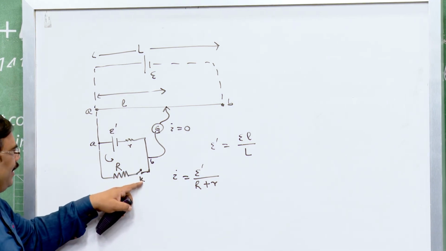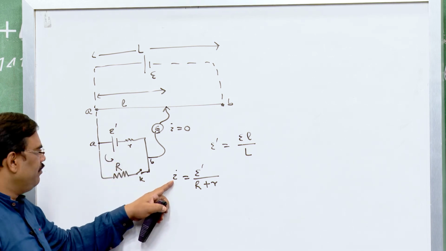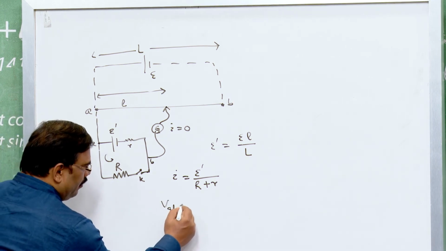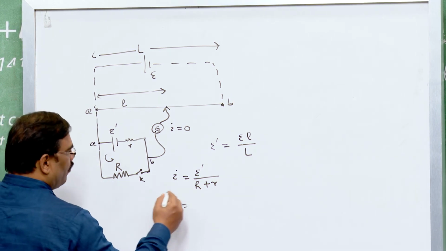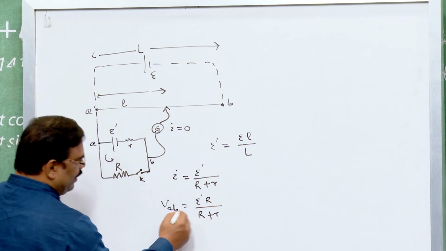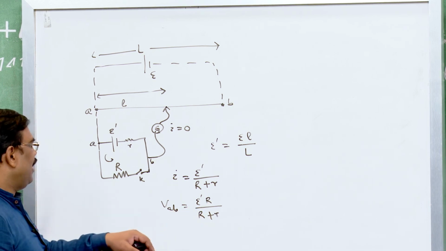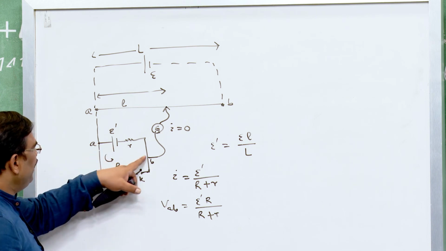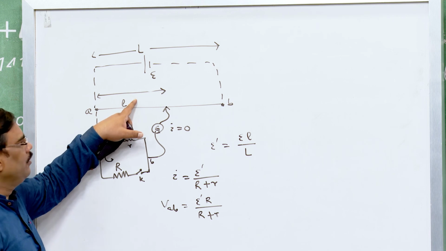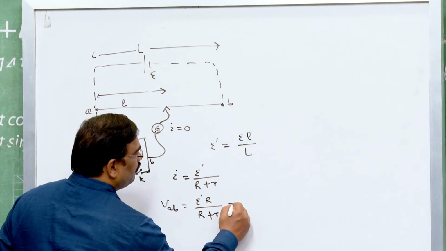Now, when K is closed, there will be a current flowing through this network, and the current will be I equal to E dash by R plus r. So, V A B equals E dash R divided by R plus r, because V A B equals I R. Now, let V A B balance with L dash section of this wire.